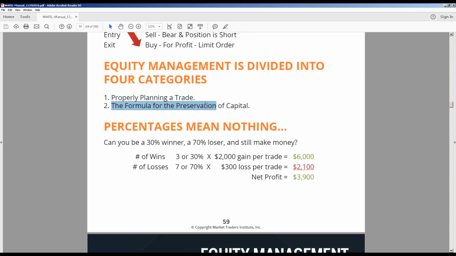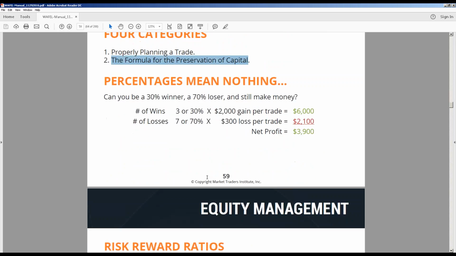Now we get to the formula for the preservation of capital. Now percentages mean nothing. The question is, can you be a 30% winner and a 70% loser and still make money? And the answer to that question is a resounding yes. If I have 3 wins out of every 10 trades and I make $2,000 on a winning trade, then I'll be up with $6,000.